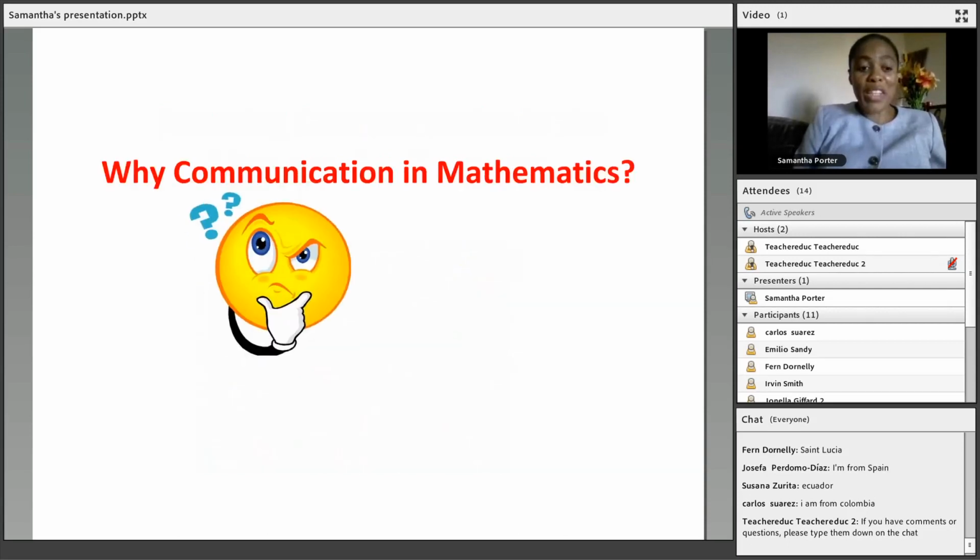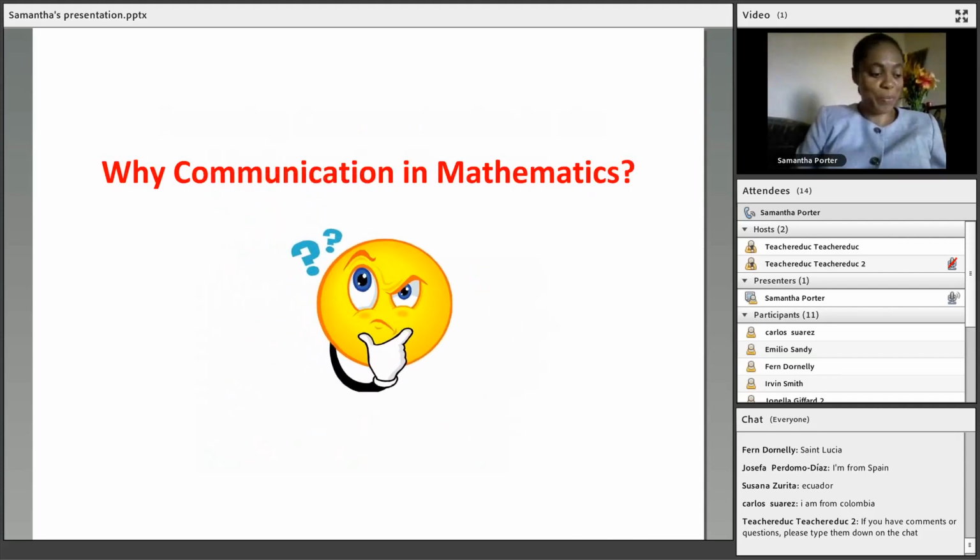Why communication in mathematics? In order for our students to develop adaptive reasoning, they need many opportunities to practice communication in mathematics. Through communication, our students can reflect on their own ideas, engage in refinement, discussions, and amendment of these ideas.